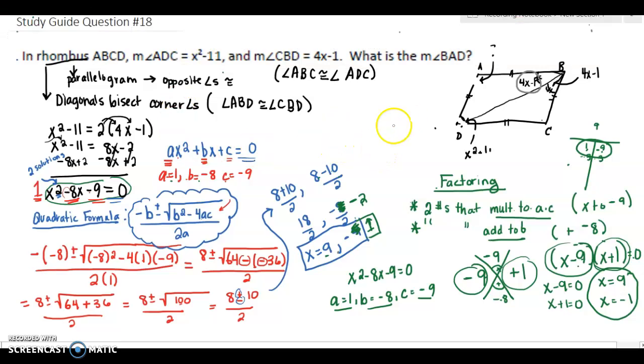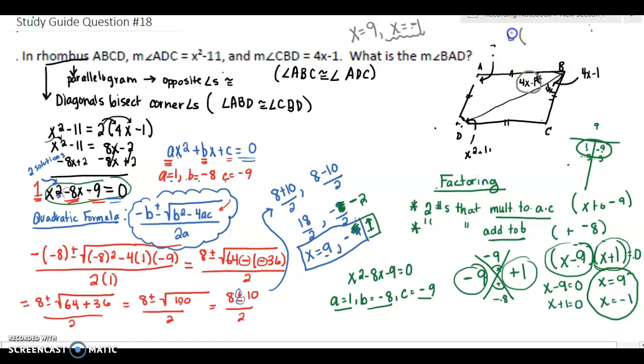All right, I have one more thing that I need to do. I found that x equals 9, and I found that x equals negative 1. So I need to make sure both of these work. I notice here this is a negative, and that doesn't always necessarily mean it's a bad thing, but it kind of reads red flag. If I plug this negative in and I get a positive angle, that's fine, but I'm just going to make sure I can do that.